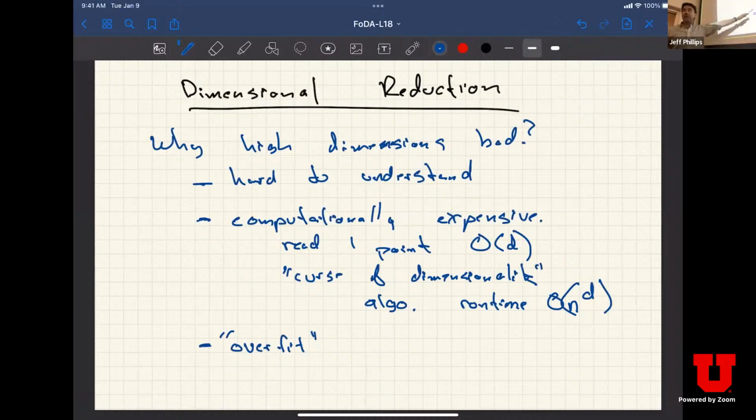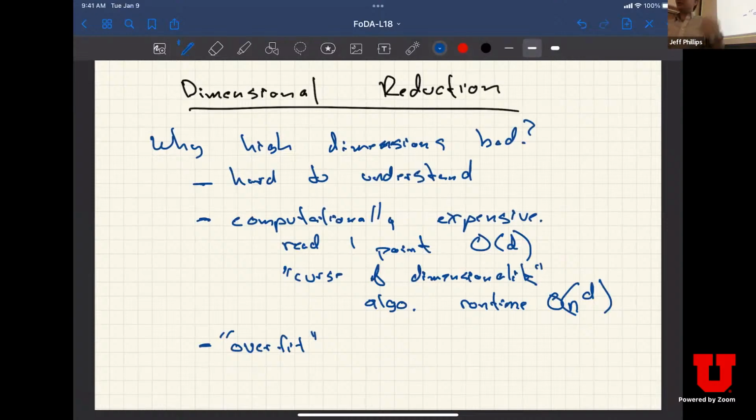There are other ways of dealing with this, but one is to reduce the dimensionality of the data first, and then run standard linear regression afterwards. So these are reasons you might want to reduce the dimension of your data. Hopefully that's pretty natural to think.